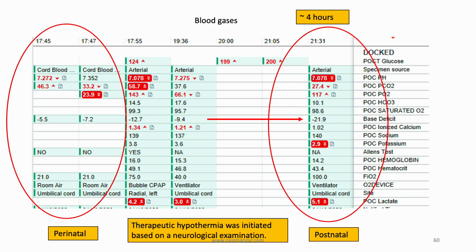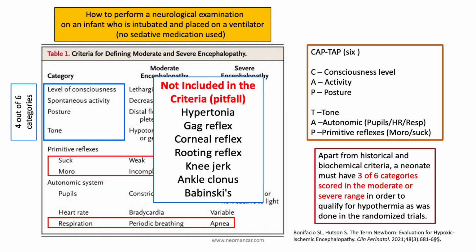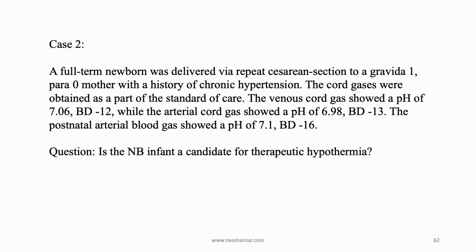If the baby started to have seizures, then probably you'll be better off putting the baby on hypothermia. Remember, there are some pitfalls in this exam. Many people just write other stuff, like hypertonia, gag reflex, caudal reflex, rooting, knee jerk, ankle jerk. Don't do that. Just follow the standard examination like CAP TAP, and you'll be okay.